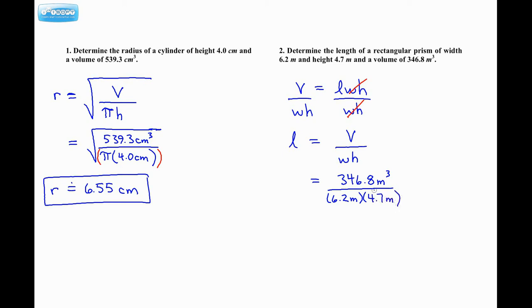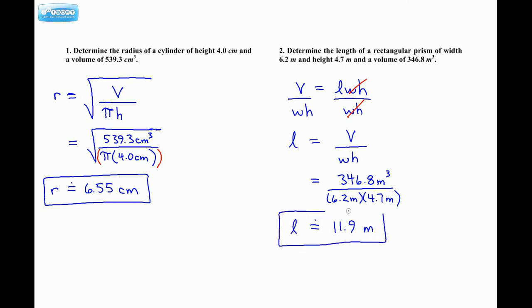And again, when you're working this out on your calculator, be careful with the bottom here, because if you don't use brackets, you're going to get the wrong answer. So 346.8 divided by this stuff here, okay, and you get approximately 11.9. This is a length, so this would be meters. And you can put L back in this line if you want.